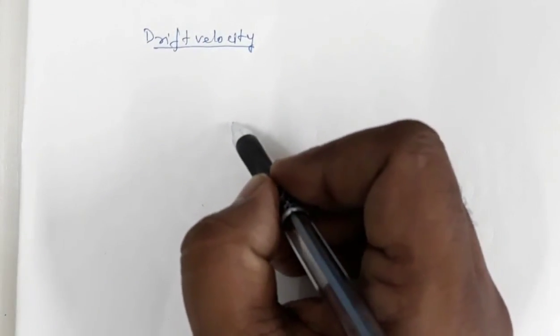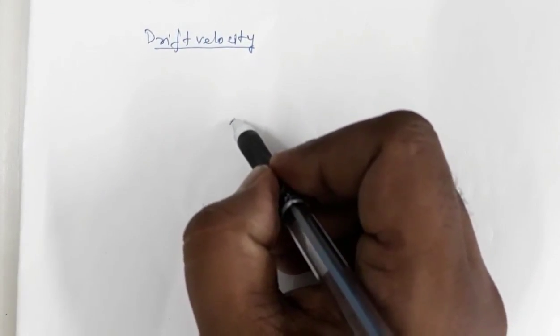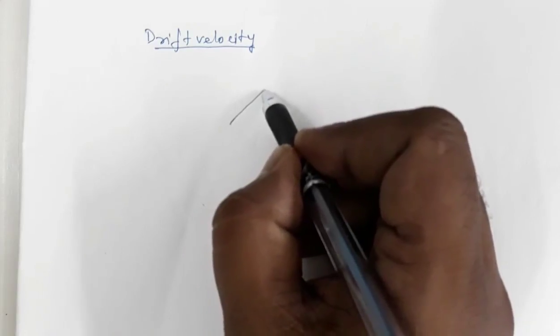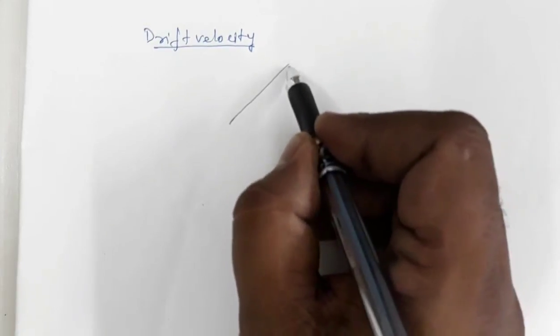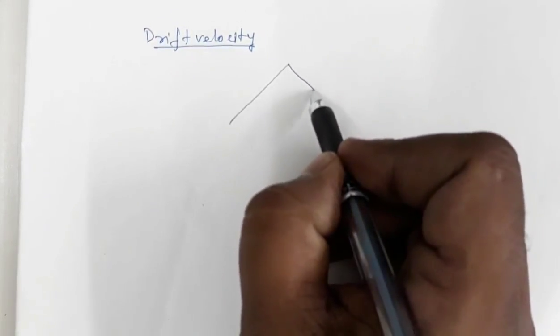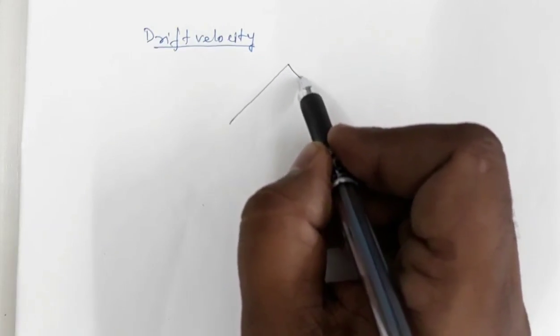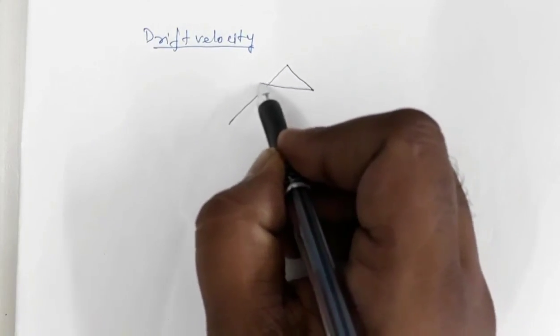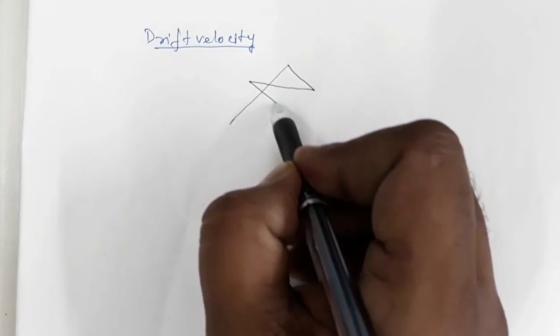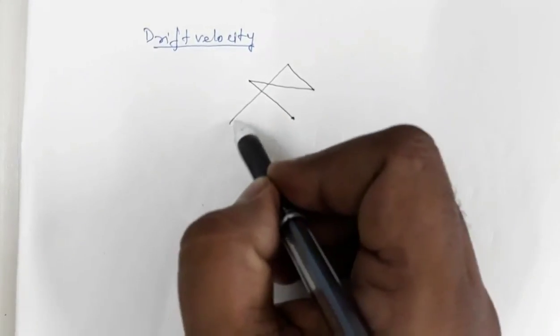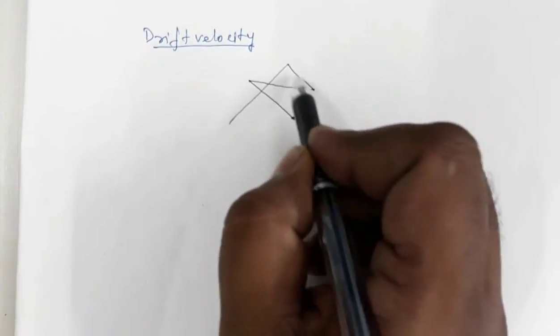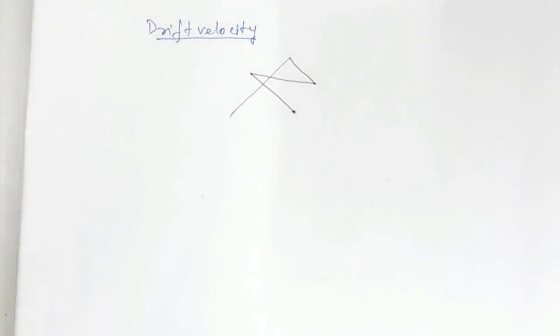Suppose this is the path taken by one particular free electron. It goes like this, undergoes collision, then moves in this direction, undergoes collision, then goes to this point, undergoes collision, and finally reaches here. This is the path traced by one particular free electron.